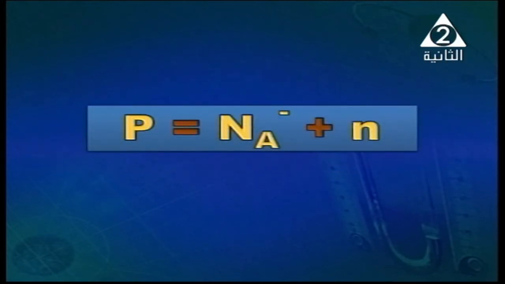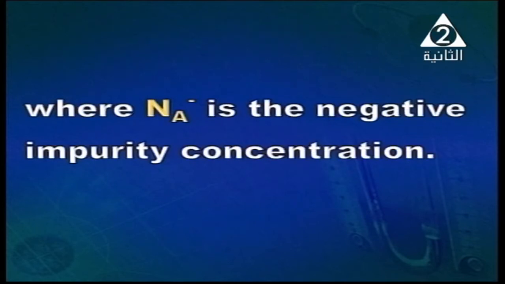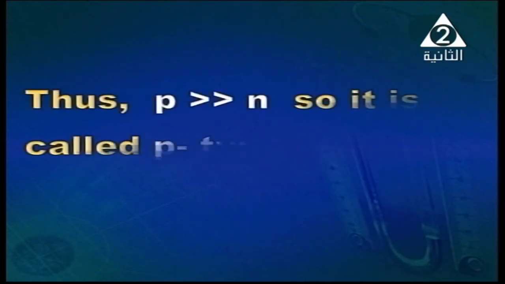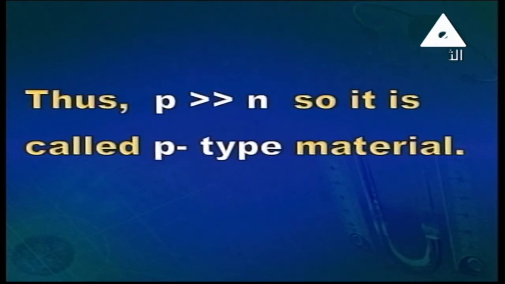P, the number of positive holes, is equal to the number of negative acceptors and the number of electrons. That's why the crystal is still neutral. Once again, Na negative is the negative impurity concentration. In this particular type, the number of positive holes is much greater than the number of free electrons. So it is called p-type material.